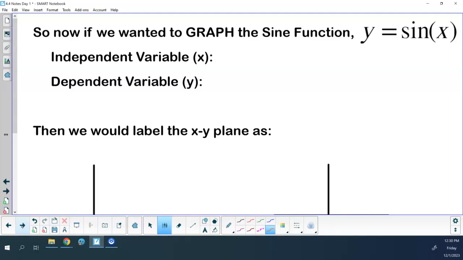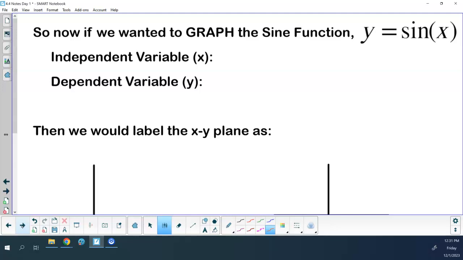We're going to graph them all, and then in the second half of this unit, we're going to fit a function to a graph. We're going to go backwards. Instead of you making the graph, we're going to give you the graph, and you're going to make us the function.